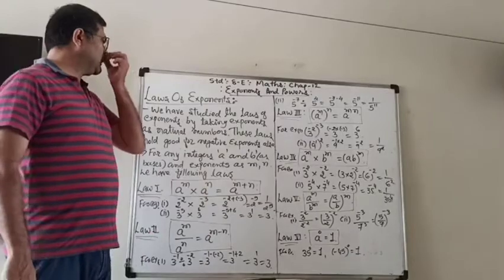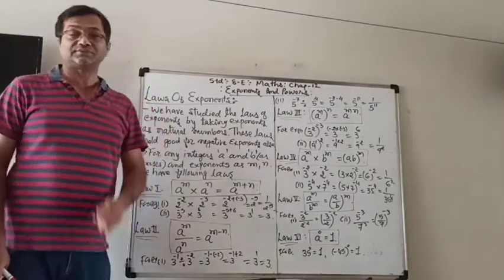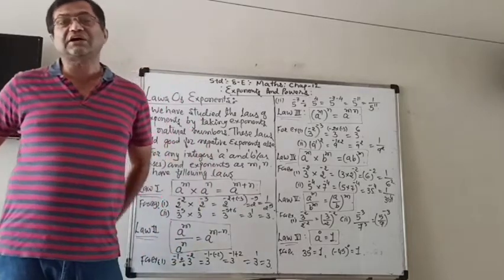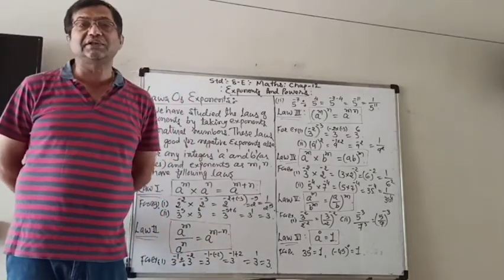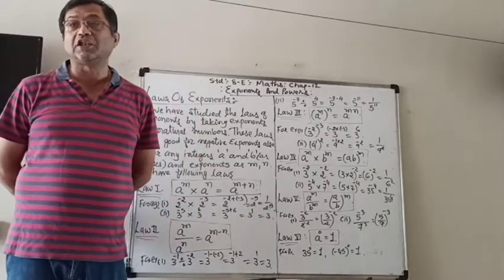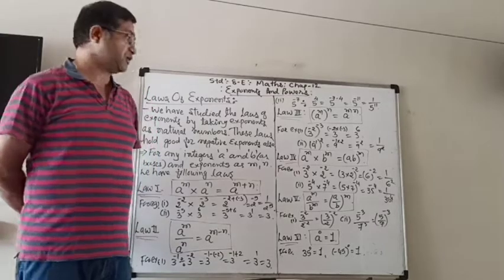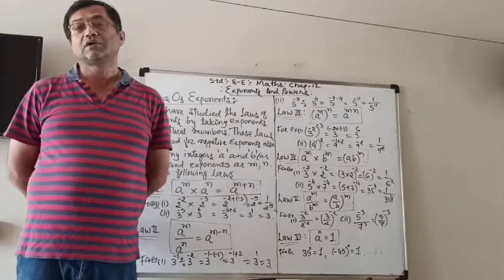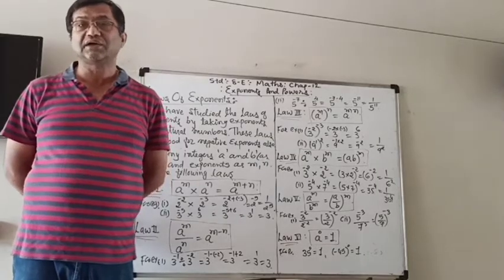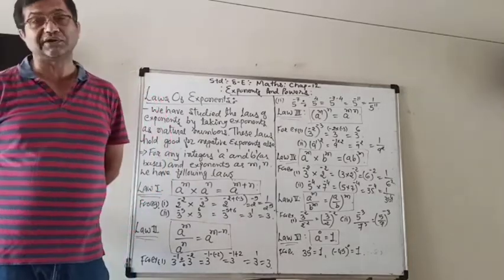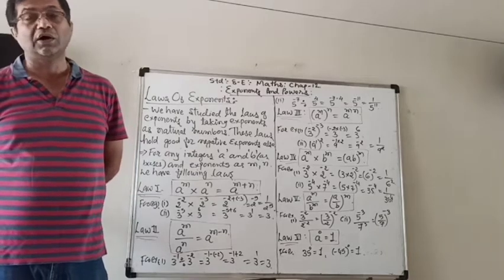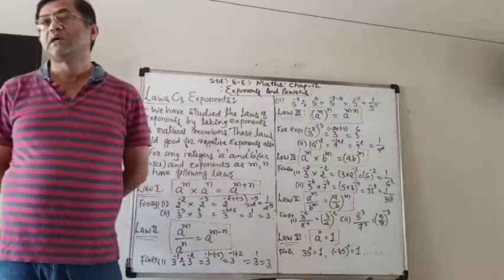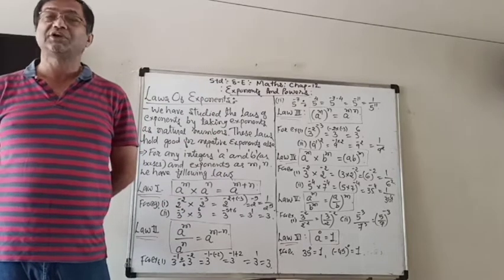Now laws of exponents. In the 7th standard we already learned the laws for exponents. But at that time we took exponents as natural numbers only, or maybe zero, meaning whole numbers only as the exponents.